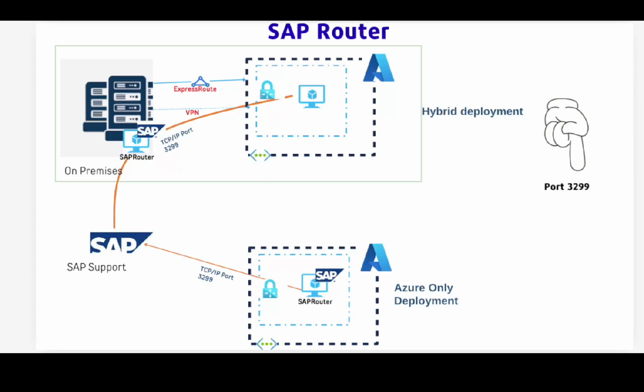Port 3299 should be enabled and opened in the NSG to enable traffic to the SAP router. Static IP addresses ensure consistent connectivity between SAP systems and the SAP router. An SAP router is very critical for remote troubleshooting and SAP support access in both hybrid and cloud environments.